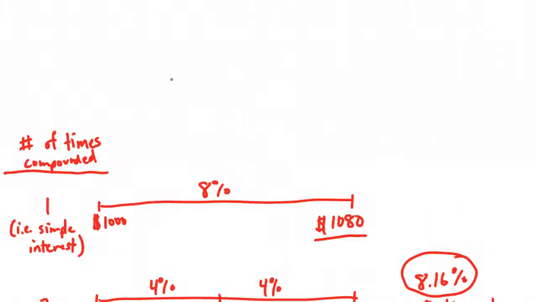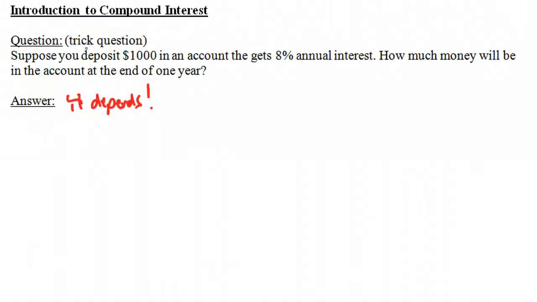Oh, and I never answered this question here. It says suppose you deposit $1,000 in an account that gets 8% annual interest, how much money will be in the account at the end of the year? I said it depends, but actually how do banks calculate interest? Well, most banks either calculate interest compounded daily or compounded continuously. Most banks choose one or the other of those.